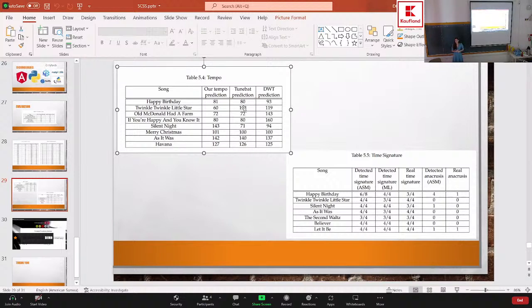Okay, but there are equivalents. Yeah, it can be. We can put Twinkle Twinkle at tempo 100, and then we have to change the note values and make bigger ones. Yeah, that can also be possible. This is what I mean, because we don't have one answer. Yeah, anything can be possible.